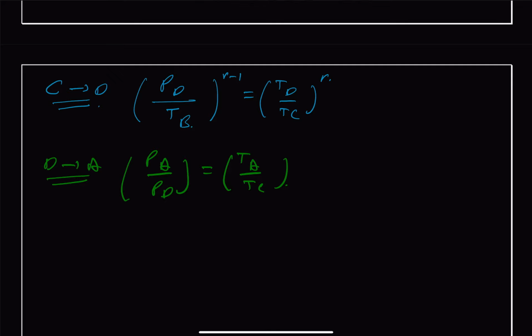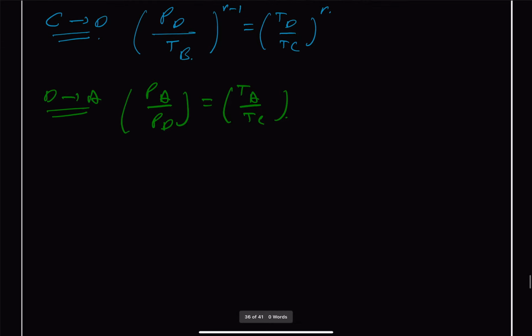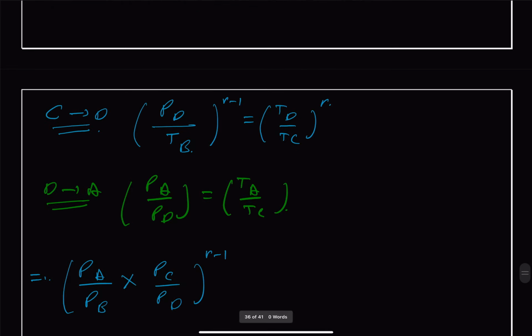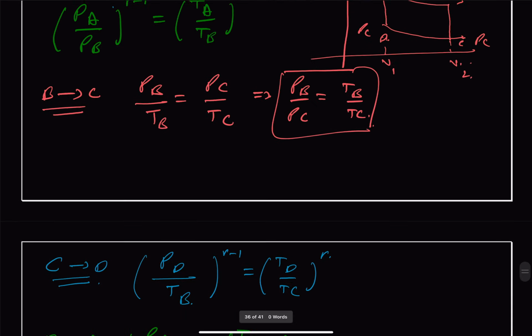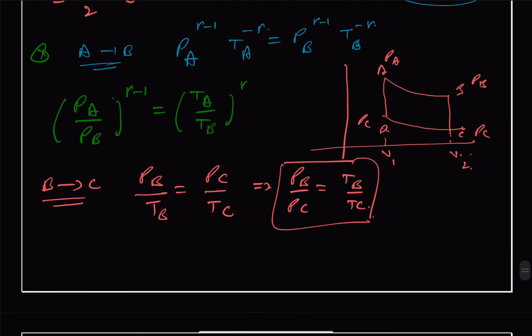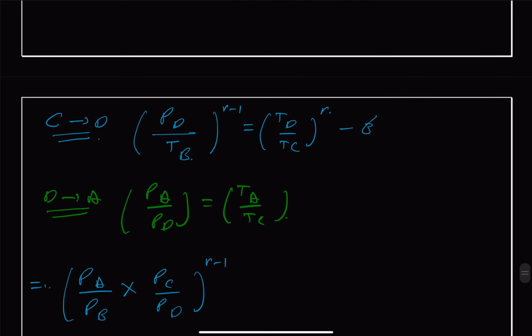So we can just multiply them and we get PA upon PB multiplied by PC upon PD whole raised power gamma minus 1. Let me call these equation numbers 1, 2, 3 and 4.